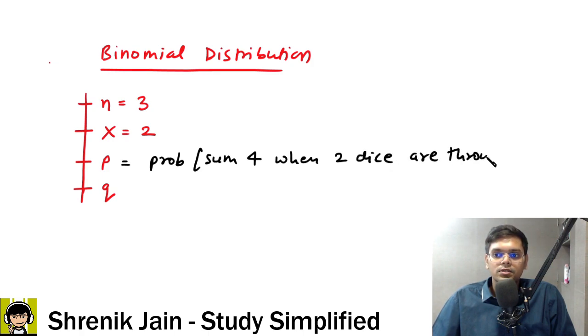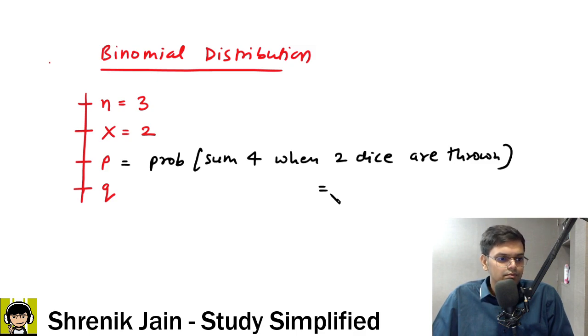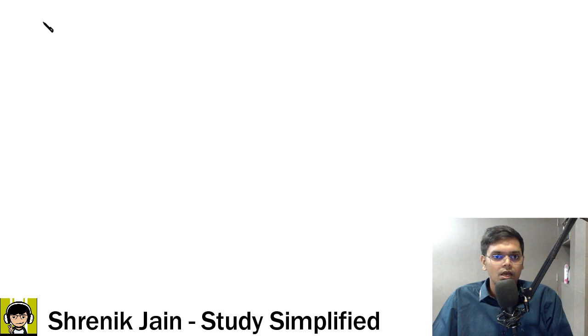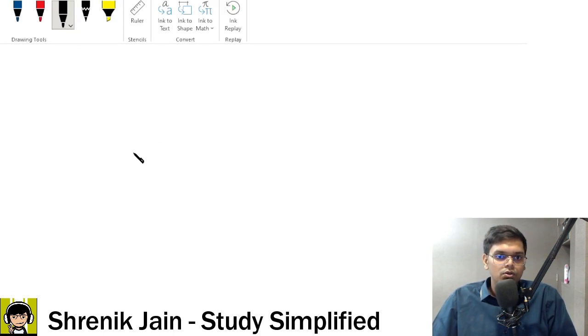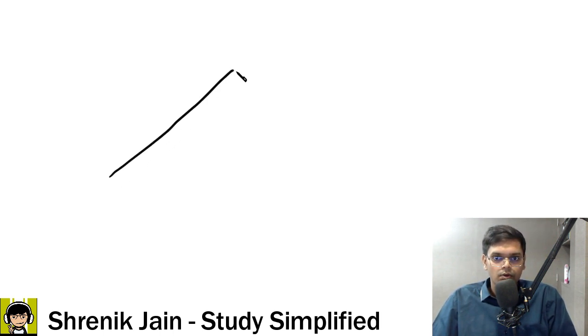Anybody in the comment section? What is the probability? Sir, this can be found with the help of the tree diagram. I hope you remember the tree diagram. I have told you, whenever you have a question about the sum of the upper faces of 2 dice, make a pyramid.